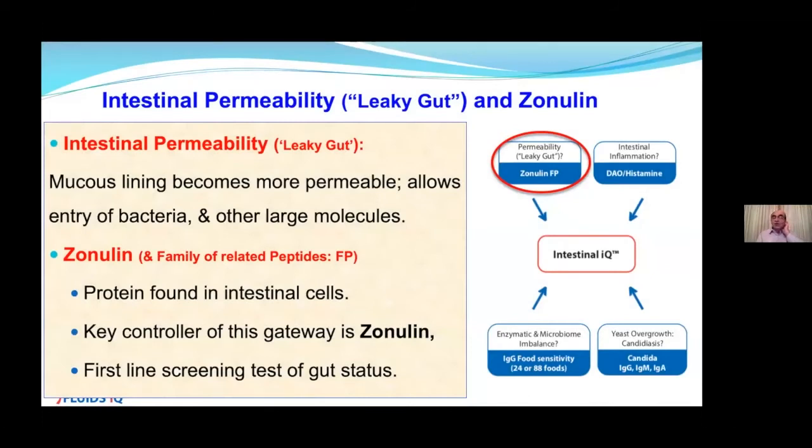And so we've discussed zonulin, which, as I said, is a protein found in intestinal cells, and for that matter, it's found all over the place, in the brain, in the heart, in the skin. Almost all cells have zonulin, and I will tell you it is one of the first line screening tests that one needs to do for gut status, that is for sure.